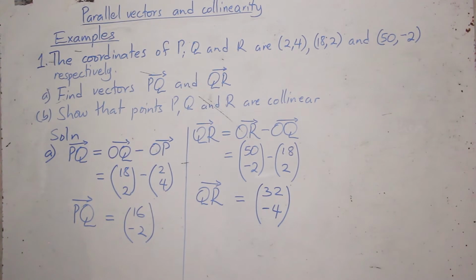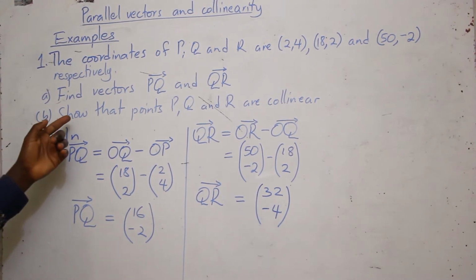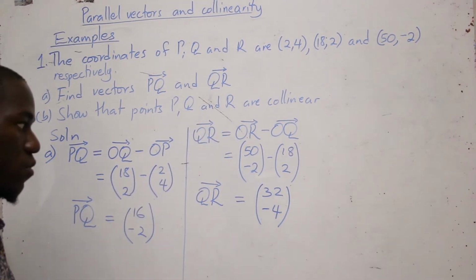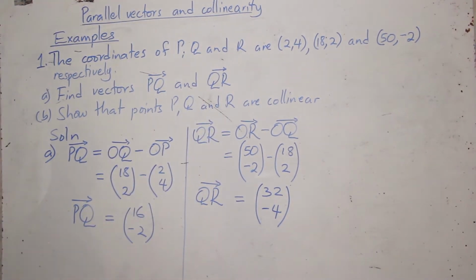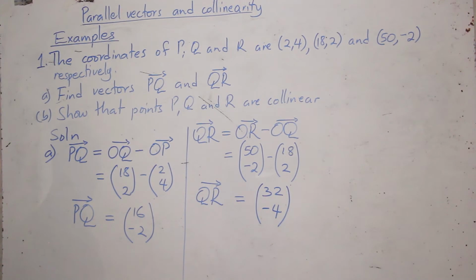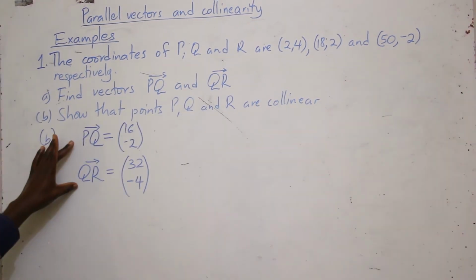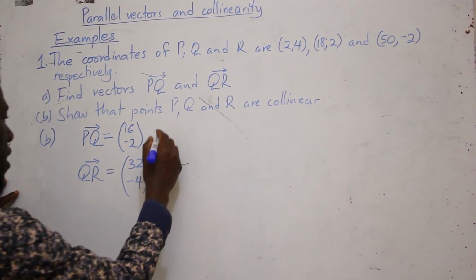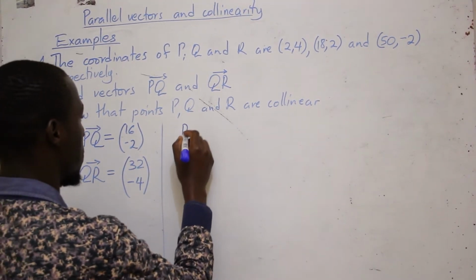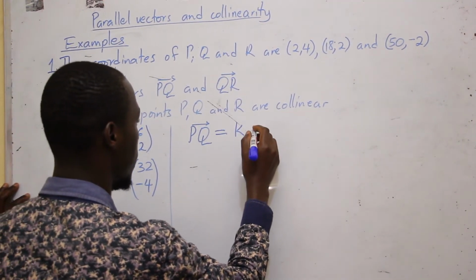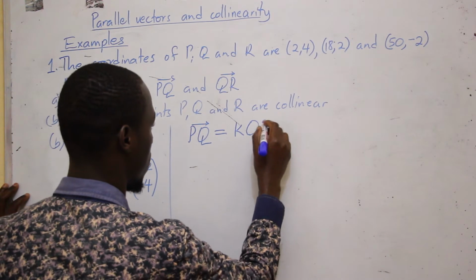Now, part B, they are telling us to show that points P, Q, and R are collinear. But we need to form vectors. Only that in part A, we have already gotten those vectors. Now I need to show that my PQ is equal to some constant times QR.